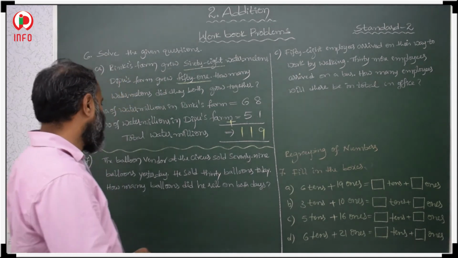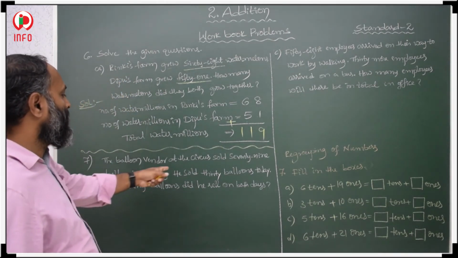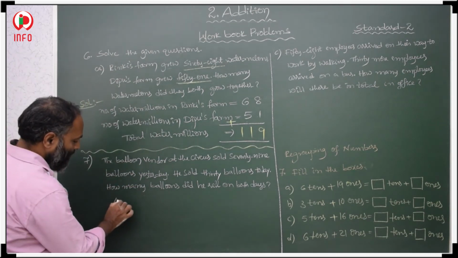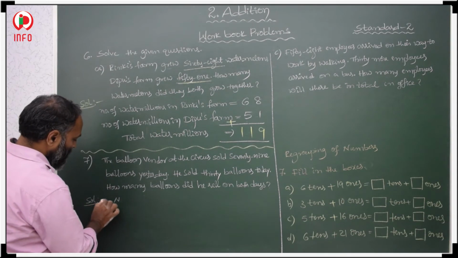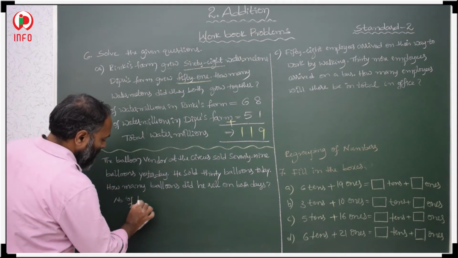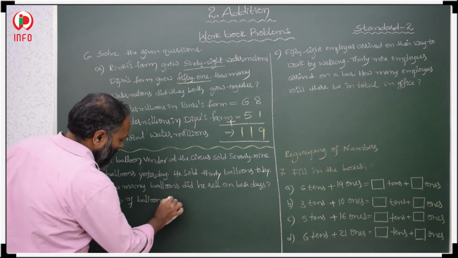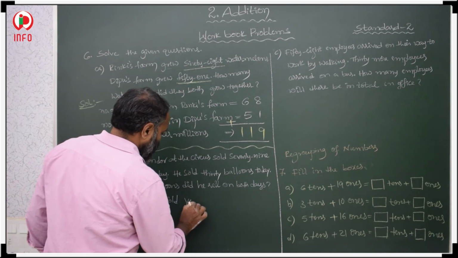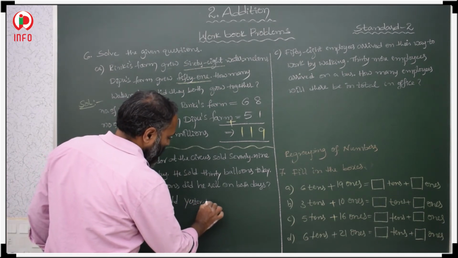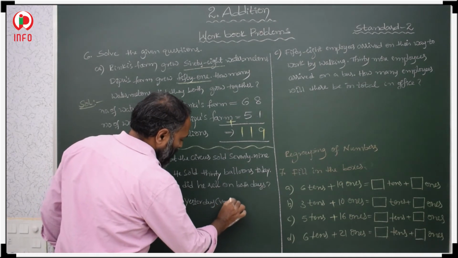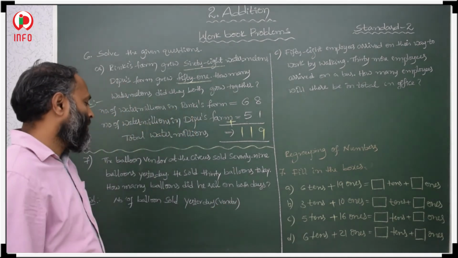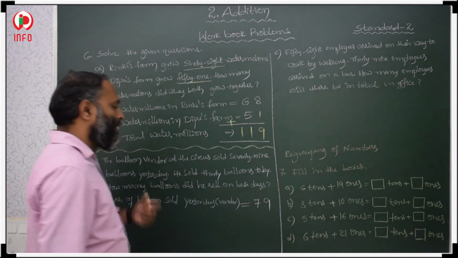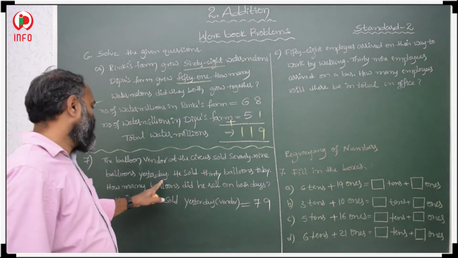Okay. Now, a balloon vendor at the circus sold 79 balloons yesterday. Number of balloons sold yesterday. Who sold? The vendor sold yesterday. How many? 79 balloons. Today how many balloons?